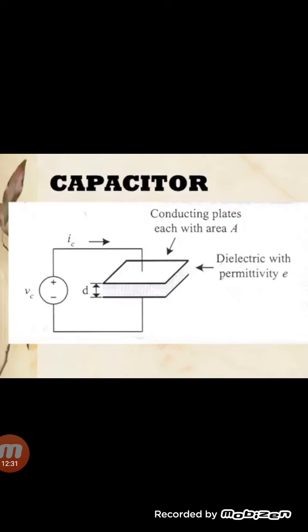And according to that, we put our permittivity constant. The distance between them is d. iC is the current flowing through it, and this is the voltage. Definitely, we will have to apply the voltage between these two plates, positive and negative, and the current iC will pass through it.